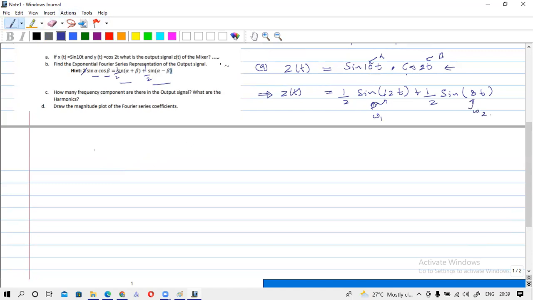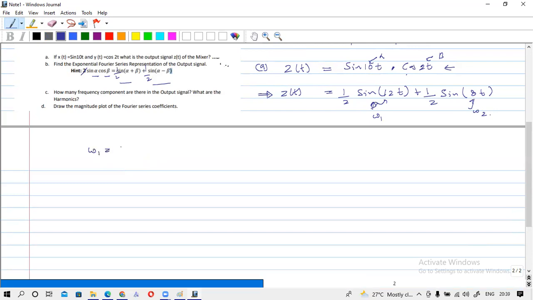So omega 1 is equal to 12. You know that period T is equal to 2 pi by omega. So let's say T1 is equal to 2 pi by 12, that means pi by 6.